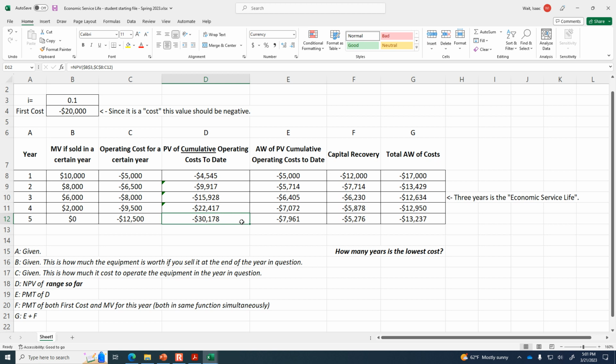Okay, so this is what we've got here is column C. Annual cost data.